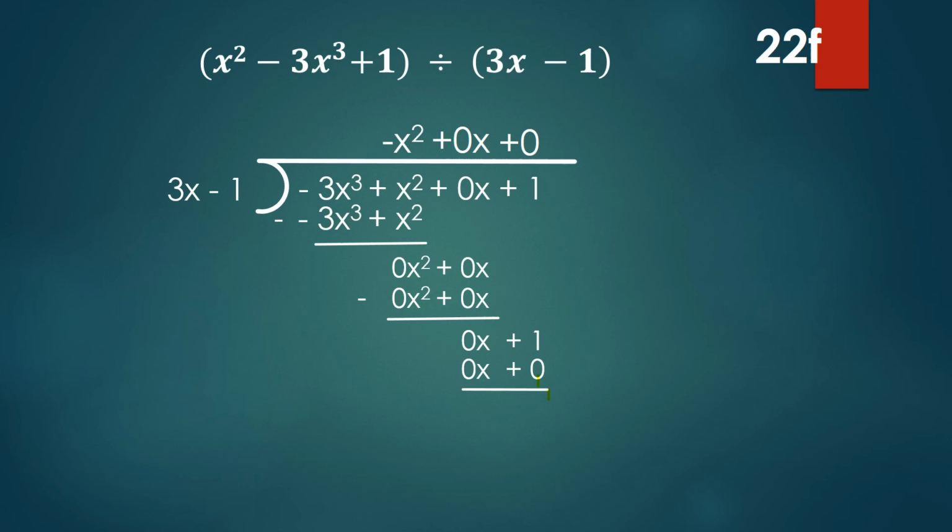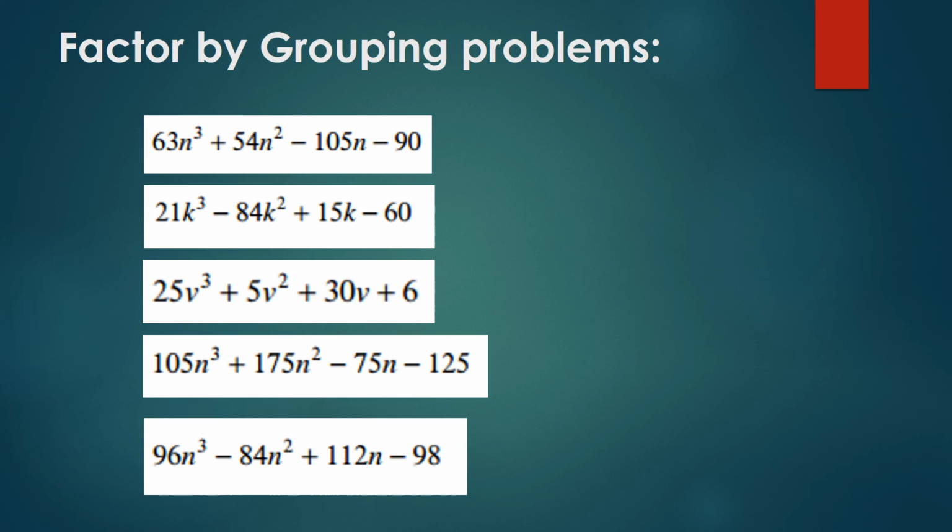Subtract these: 0x minus 0x is 0. 1 minus 0 is 1. So in the end, you're going to have a remainder of plus 1. And your factors are going to be 3x plus 1 and brackets negative x squared. And if you were to set it up the way the question asks, it would be that.